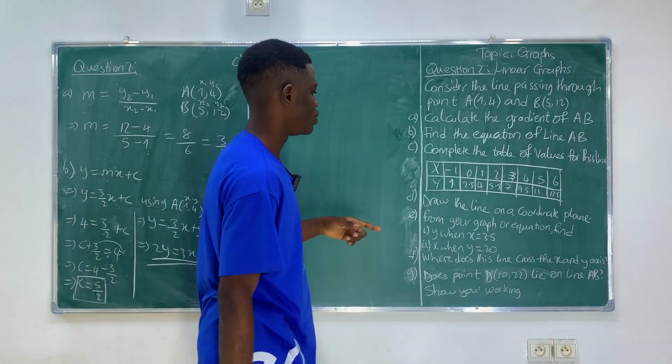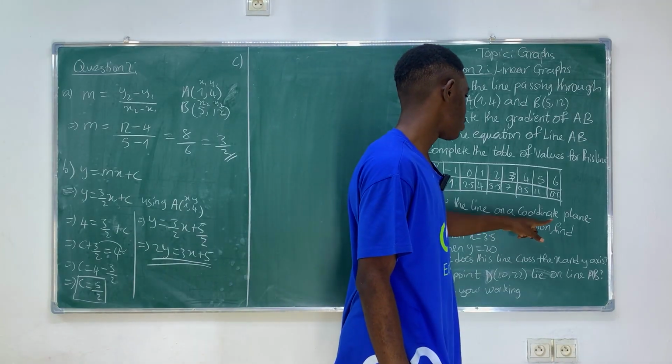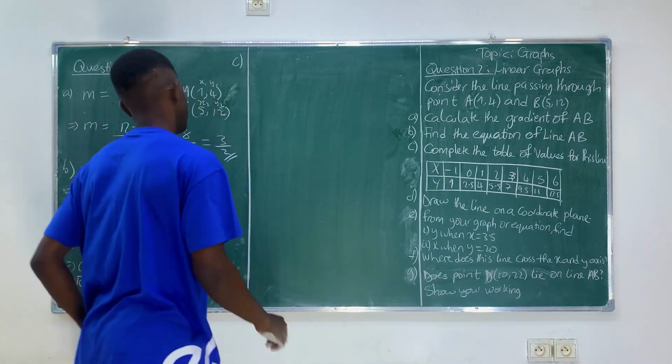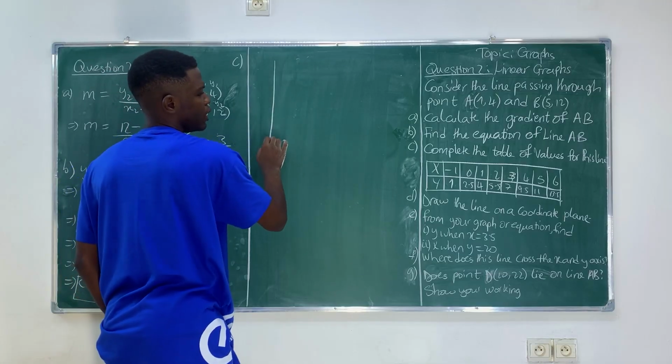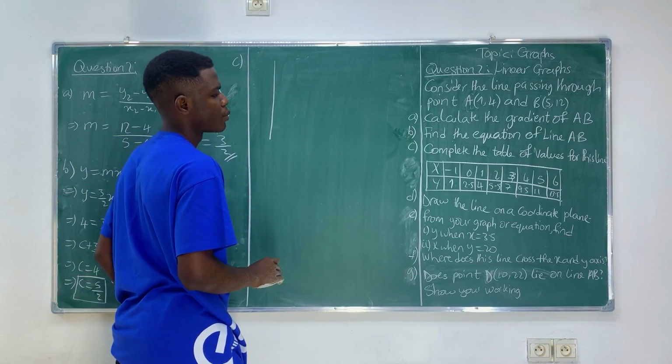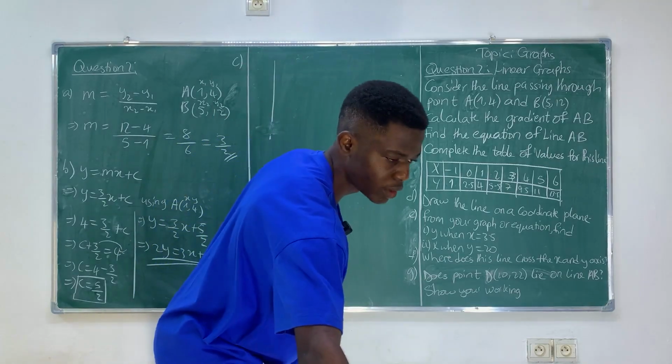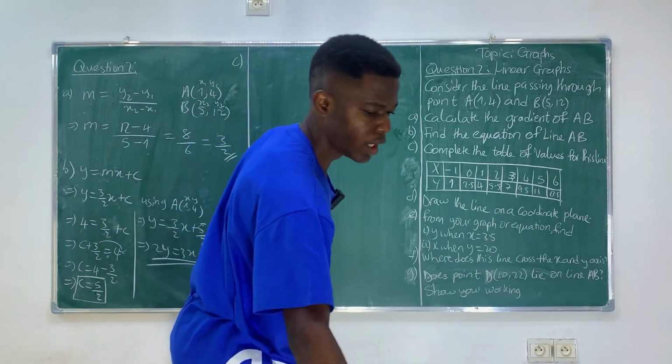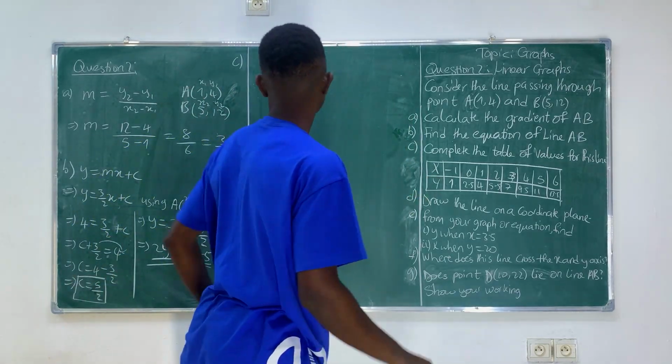Okay, part D. Draw the line on the coordinate plane. Drawing this line on the coordinate plane. I'm seeing that my x starts at negative 1.